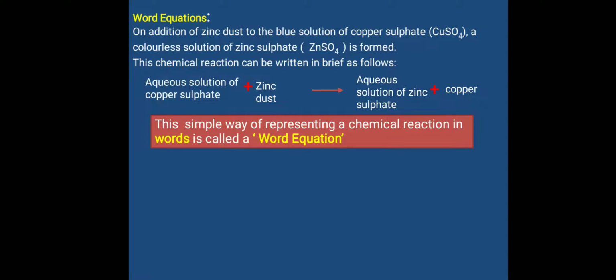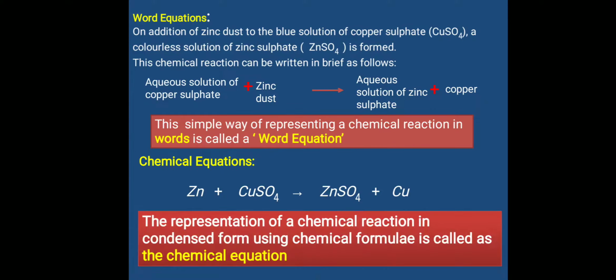So see, zinc plus copper sulfate gives zinc sulfate plus copper. Here I have used chemical formulae to represent the reaction. So we can define a chemical equation. The representation of a chemical reaction in condensed form using chemical formulae is called a chemical equation.